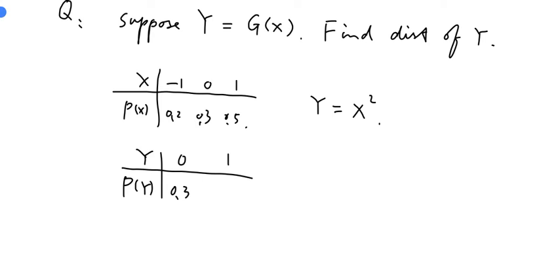Y equal 1 means X can be -1 or +1, so the probability is 0.7. So in the discrete situation it is easy. So how about the continuous situation?